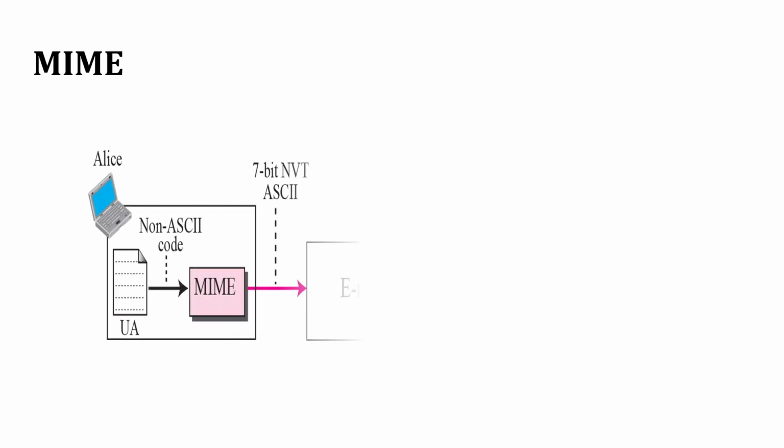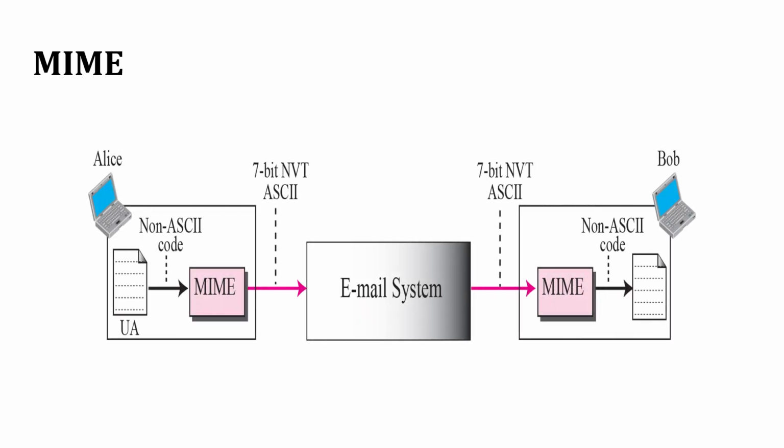Email has a simple structure and by default can send messages only in NVT 7-bit ASCII format. This limitation means that non-ASCII data such as images, audio or special characters cannot be sent directly.